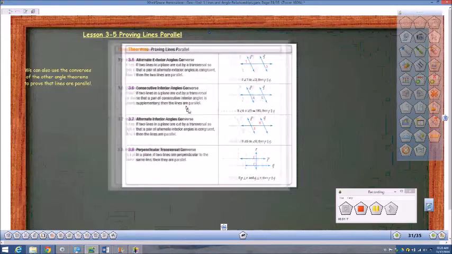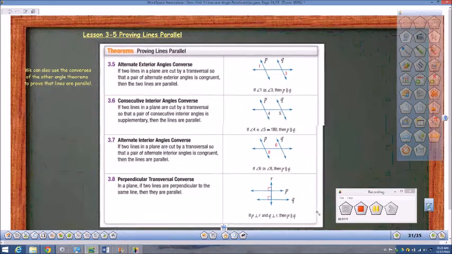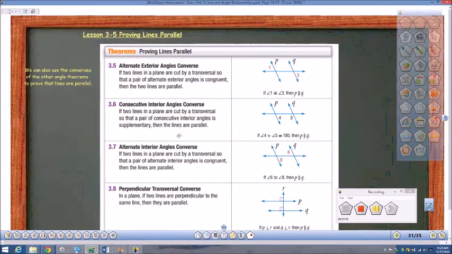So there are other converses that we can use, and you should have these in your theorem handbook as well. And they are all the converses of the ones that we already know. So the alternate exterior angles converse: basically, we're proving that if these 2 angles are exactly the same, then that proves that the lines are parallel.